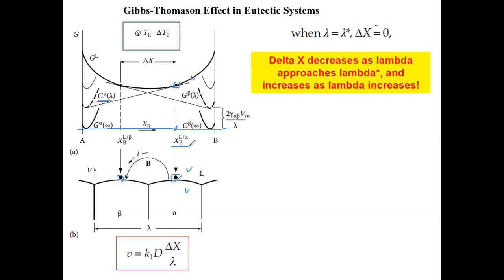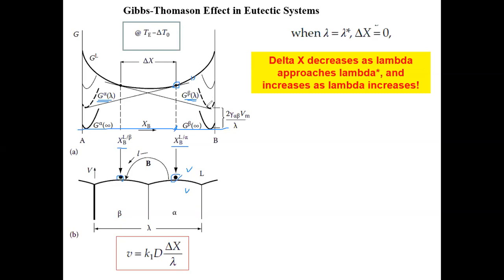This is clear. Now, following the same consideration, we can get the composition XLB at beta, which is the composition of the liquid phase right in front of the beta. So following the same procedure, we first identify the free energy for the beta phase at this lambda, and this is the liquid free energy curve.